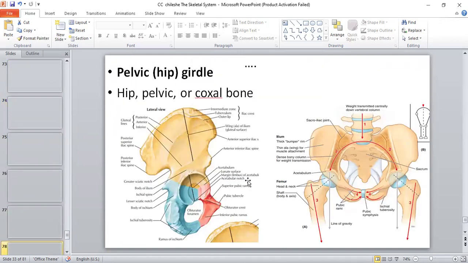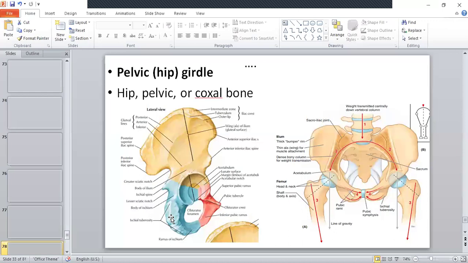When you look at this hip bone, it is made up of 3 bones in total: the ischium, the one in blue; the pubis or pubic bone, the one in red; and the iliac bone, the one in brown.